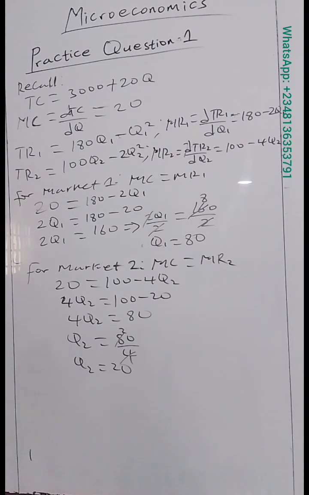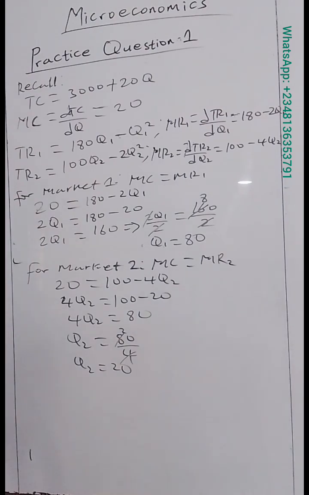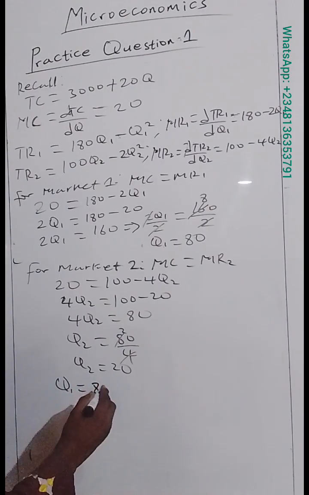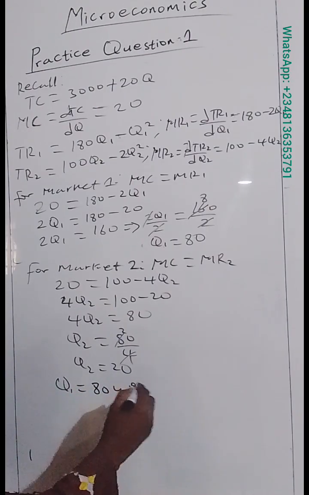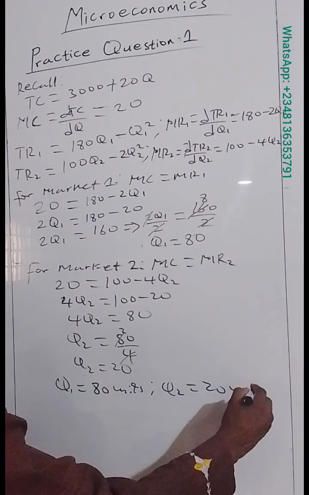So that answers the first part of the question, where we have to calculate the profit maximizing output level in both markets. In other words, Q1 is equal to 80 units, while Q2 equals 20 units.